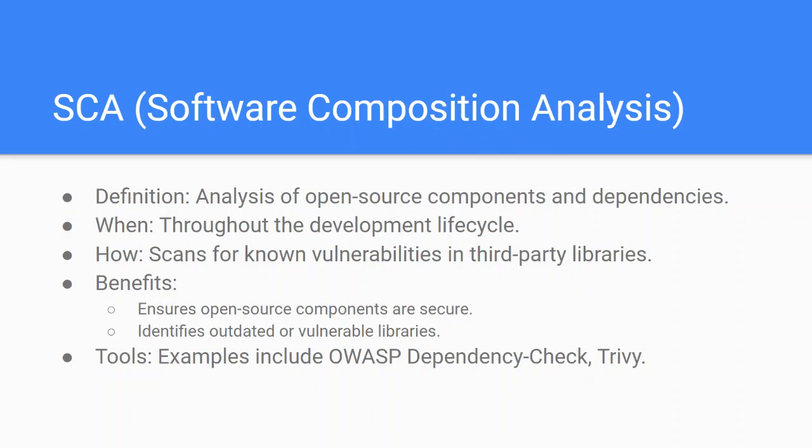So how does it work? I have already explained. It scans for known vulnerabilities which are available in the list of the NVD database. It will give you details that you are using these vulnerabilities and these are open.